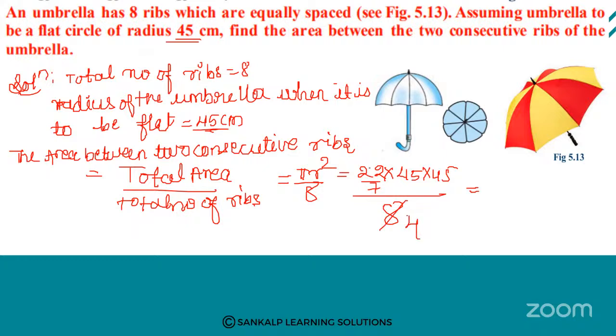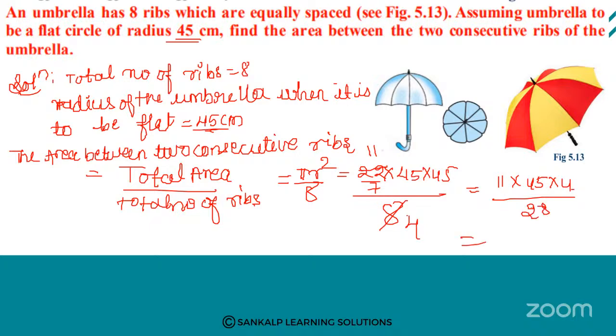2 fours are 2 elevens. Yes. So 11 into 45 into 45. So here 7 is there. If you transfer this 4 to this side, that is 7 into 4 is 28.